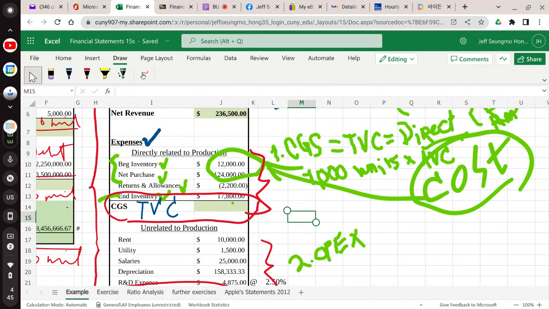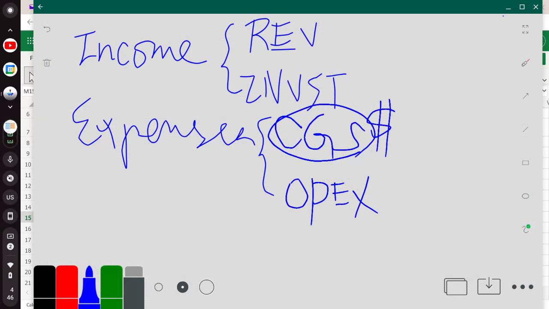Now, then the question is, even if we have those line items not switched, I mean, let's say CGS is still, where is it?